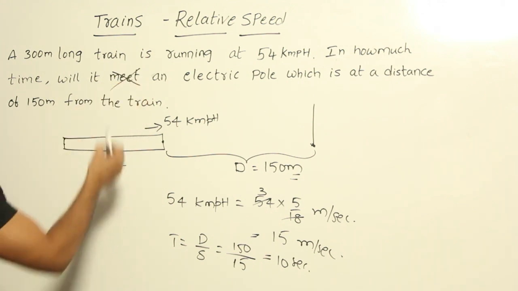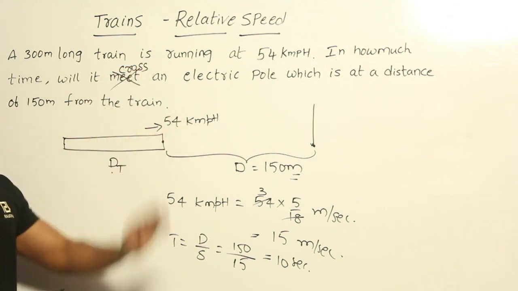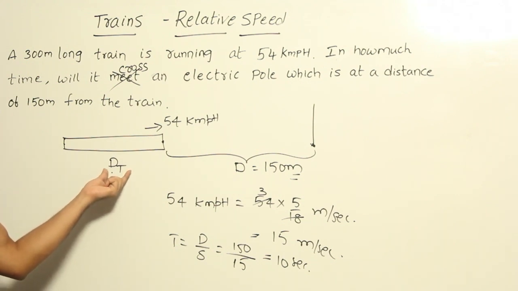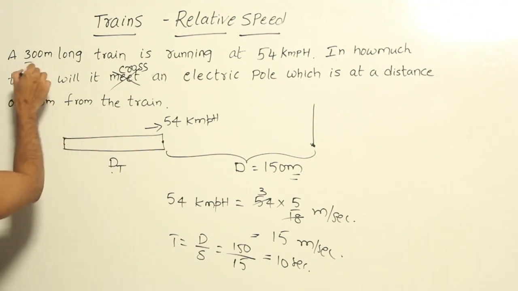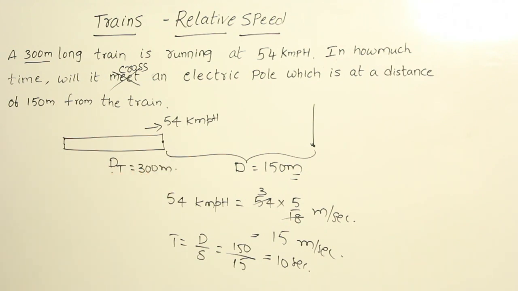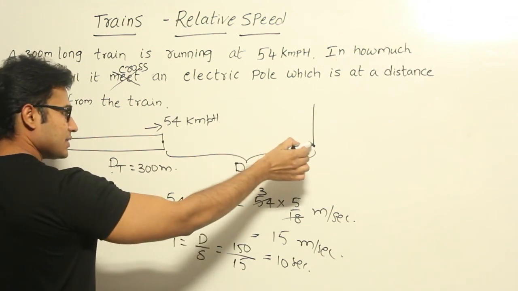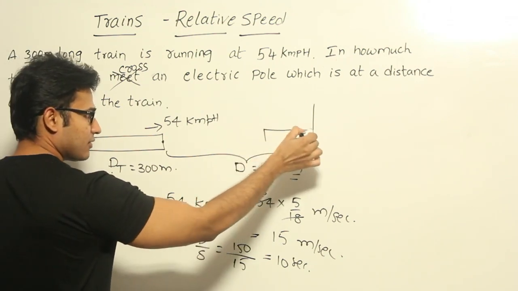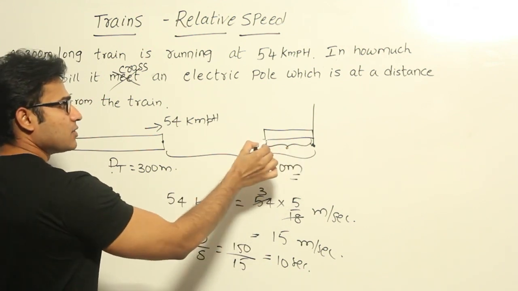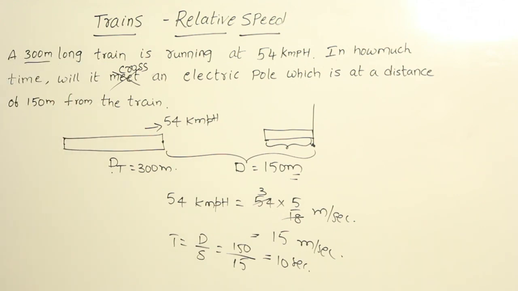Now let us say, instead of asking when it is going to meet the electric pole, the question is about crossing, when the train is going to cross the electric pole. In case you want to find that out, you have to even include the length of the train. It is given that the length of the train is 300 meters, right? So in this case you have to cover this distance, and after covering it the train will be here, and you have to cover a distance equivalent to the length of the train, so that the train passes the electric pole completely.